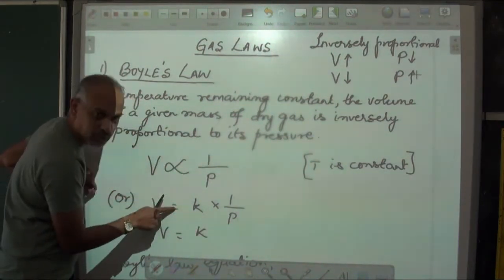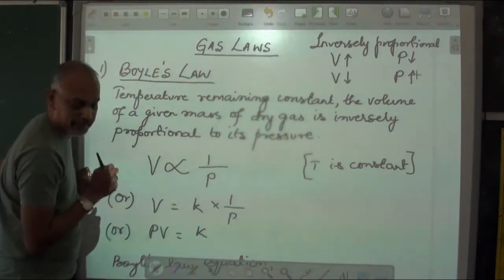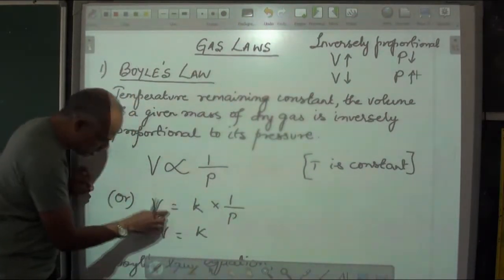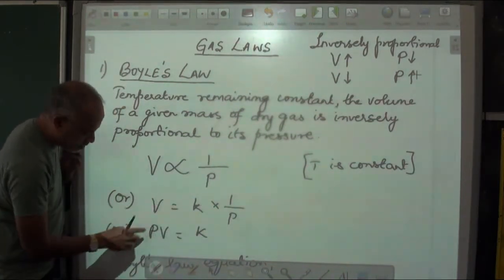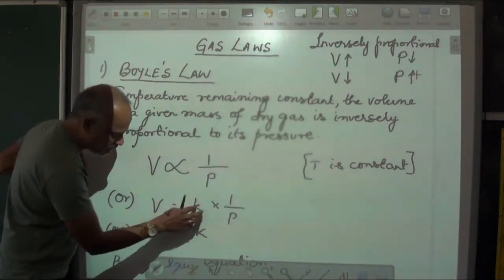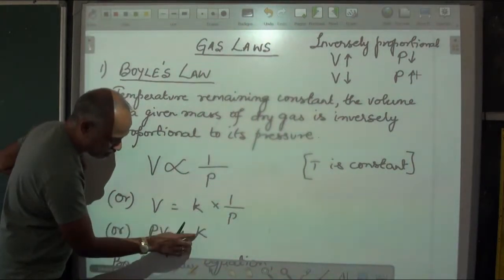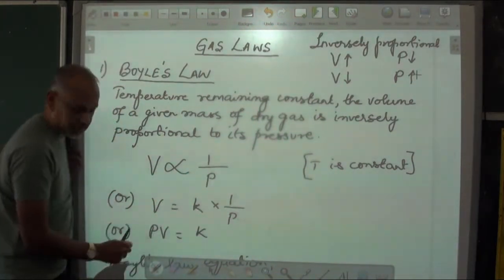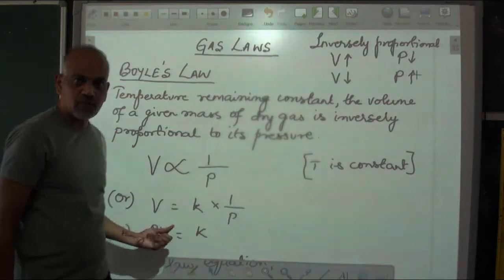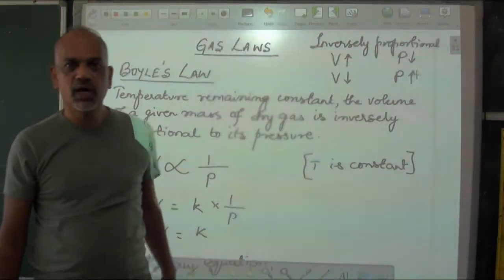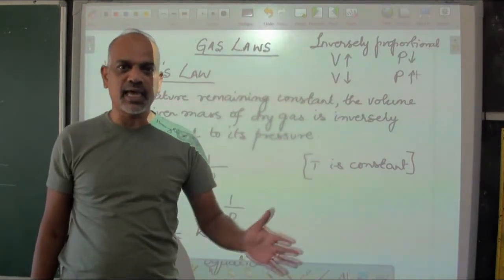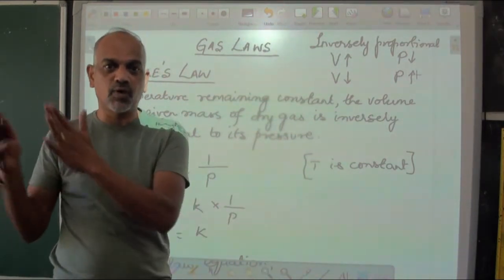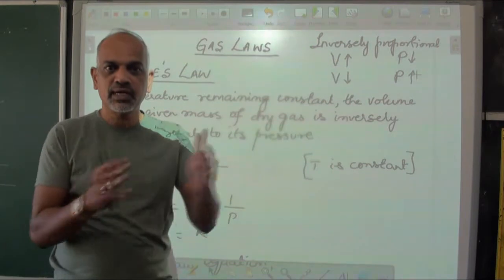If you put equal to, then you have to put a constant. If I bring the P this side, then P will get multiplied with V. So PV is equal to K, a constant. That is, if you multiply pressure with volume, it will always give you a constant value. This constant will be the same whatever pressure and whatever volume you take at different conditions.